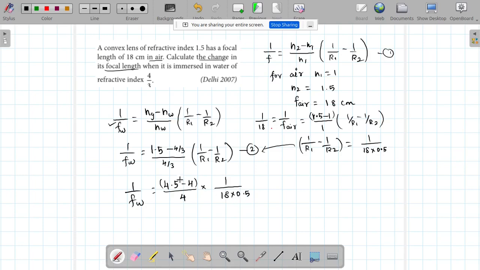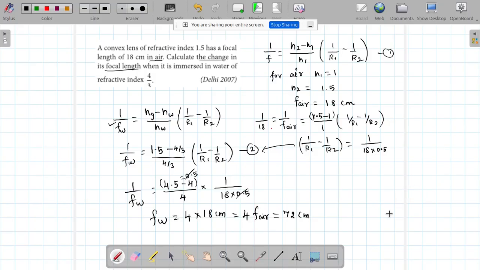So the 0.5 and 0.5 get cancelled. Therefore, f water equals 4 times 18 centimeter, which is 72 centimeter.